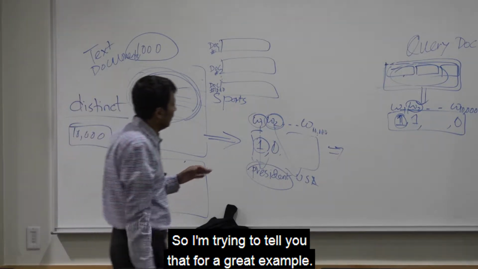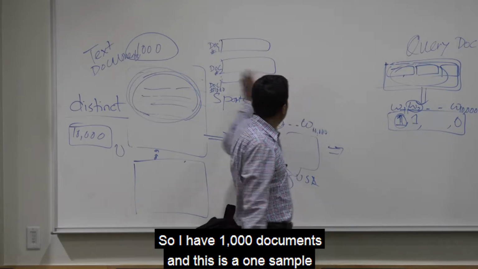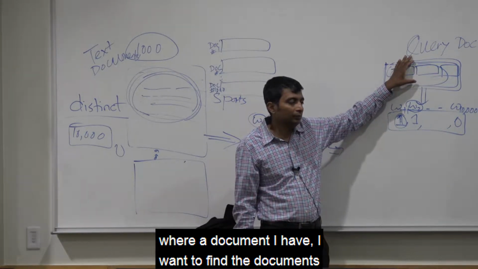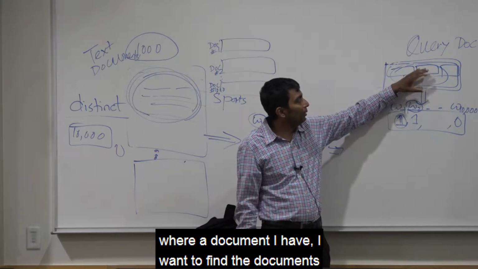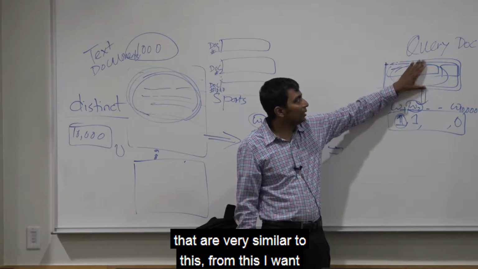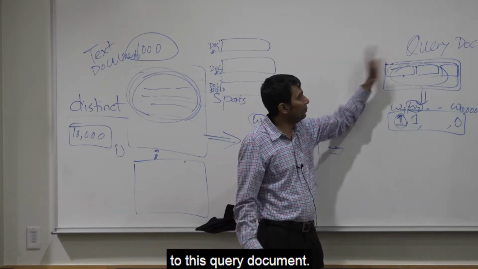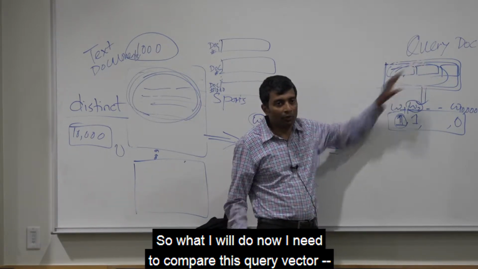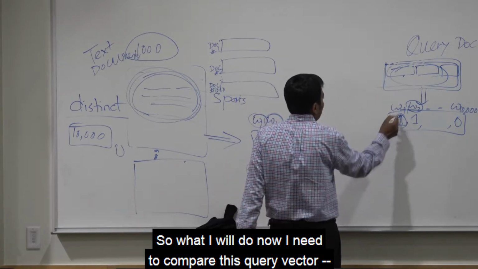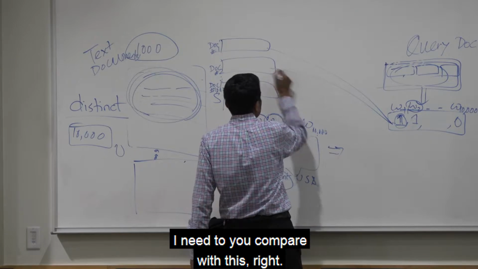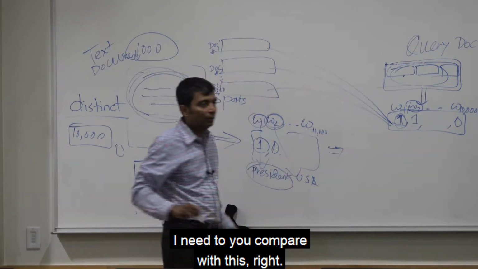I'm trying to tell you about query by example. So I have 1,000 documents, and this is one sample query document. I want to find the documents that are very similar to this query document. So now I need to compare this query vector with this, with this, and with this, right?